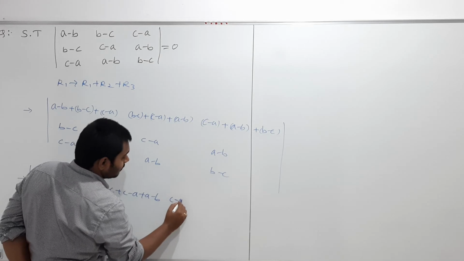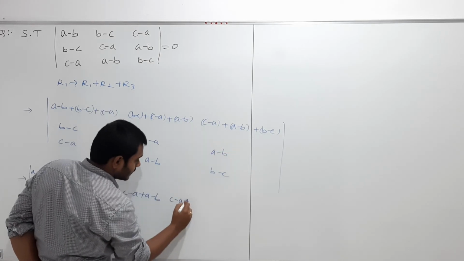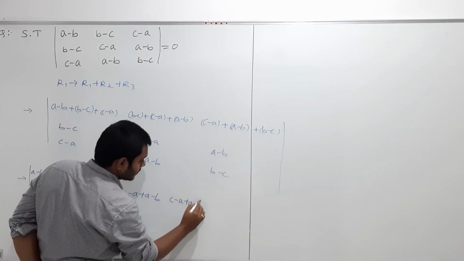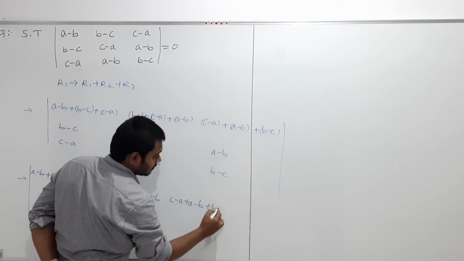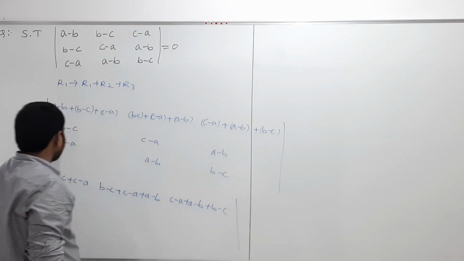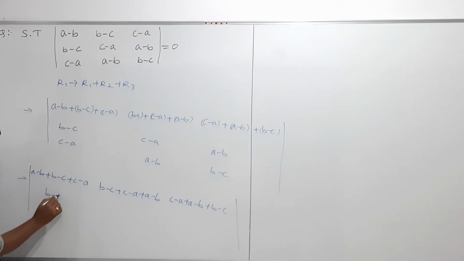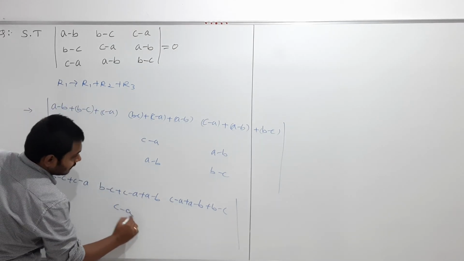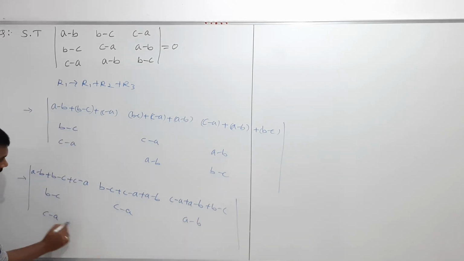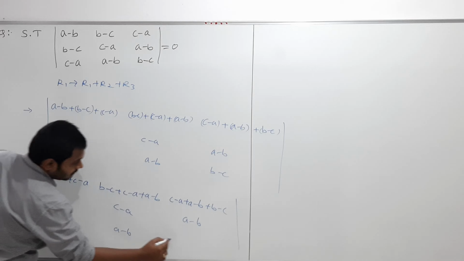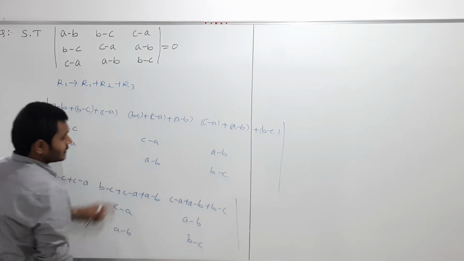Next C minus A plus A minus B plus B minus C. And remaining elements as they are: B minus C, C minus A, and next C minus A, A minus B.